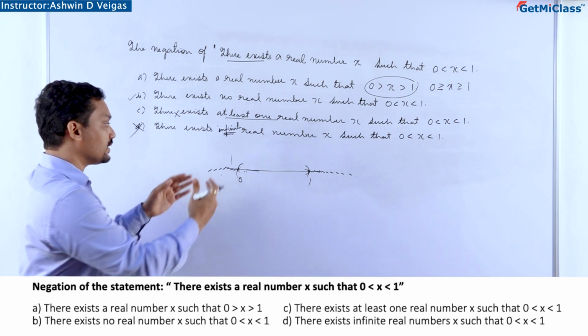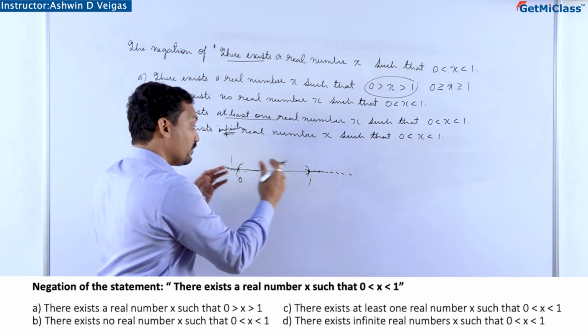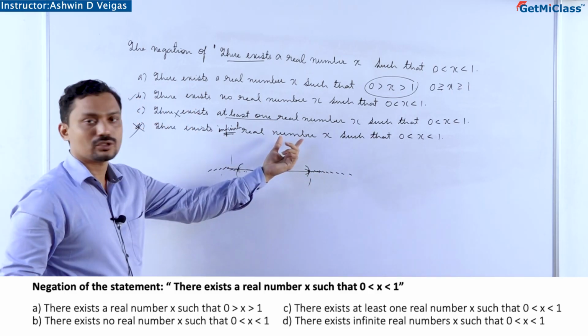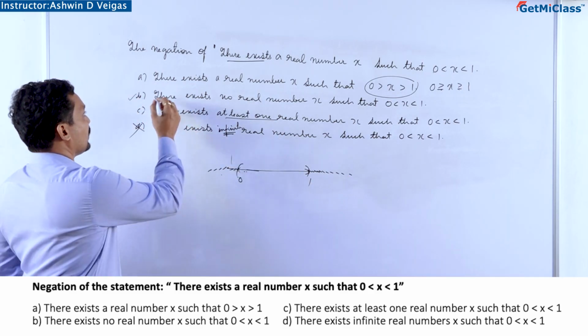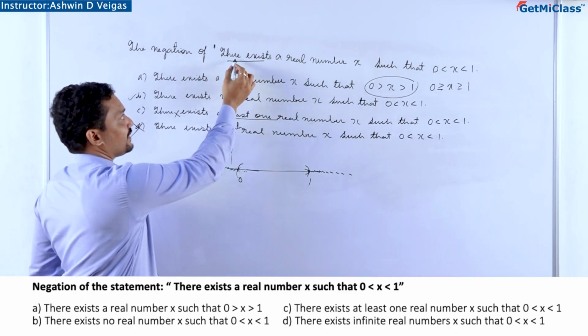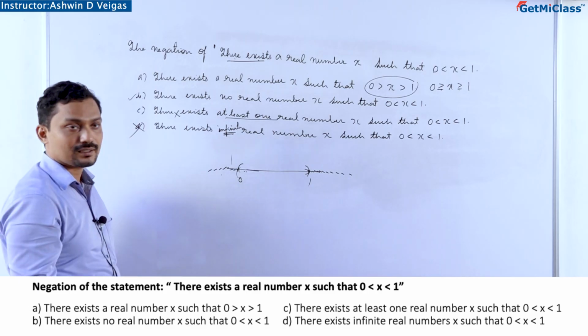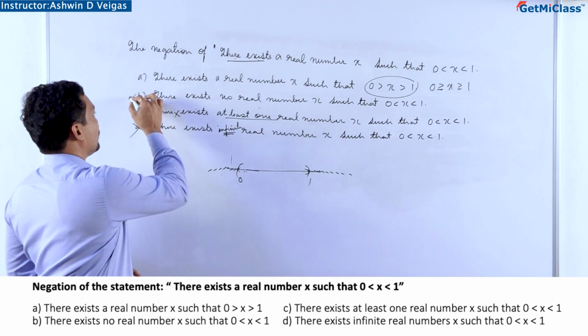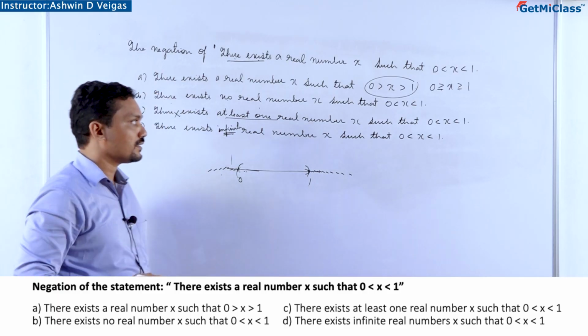If in the statement the numbers are present, in the negation those numbers should not be present. But if you go to the negation of a quantifier, we have seen there exists is a quantifier. The best way to negate is there does not exist. Therefore, immediately you can say option B is the right answer.